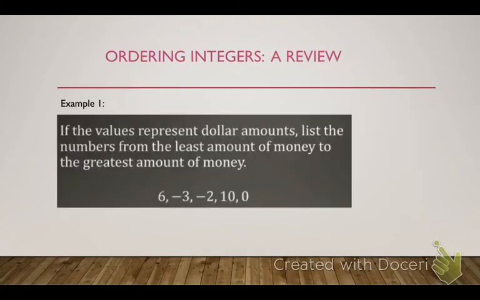So let's do a few examples here. Example number 1. If the values below represent dollar amounts, list the numbers from the least amount of money to the greatest amount of money. Now, if I was thinking of this red line right here as my number line, I would put 0 right here.